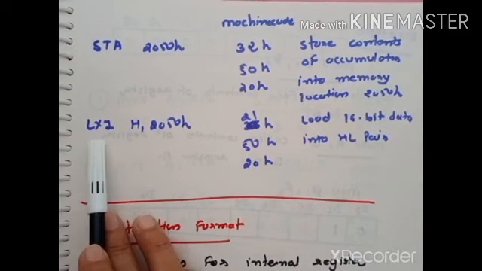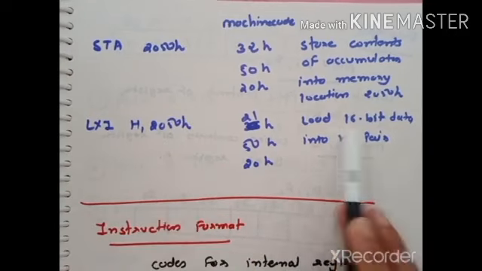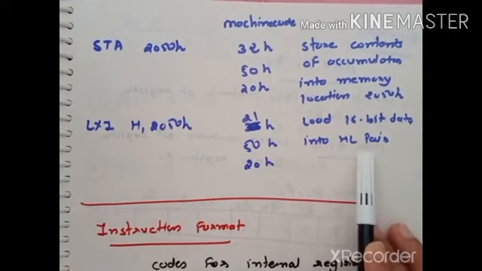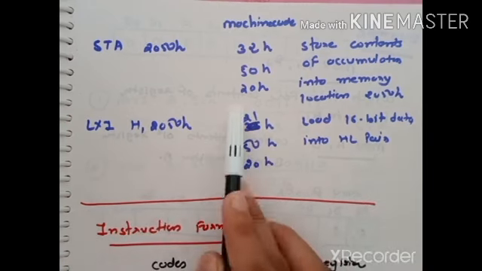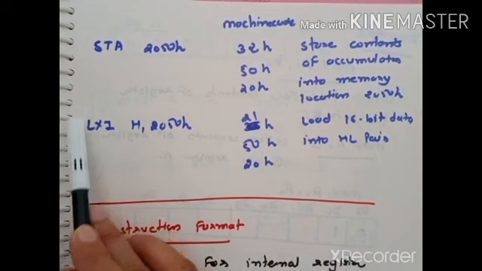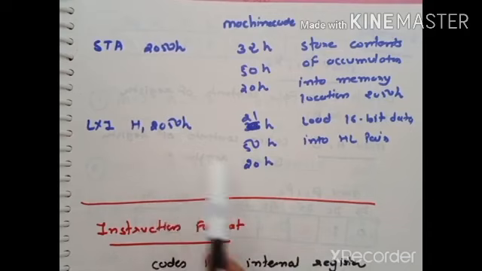Another example is LXI H, 2050. This instruction loads 16-bit data into the HL pair. Here the first byte is 21H, which is the hex code of LXI H, then 50H and 20H, lower byte and higher byte.